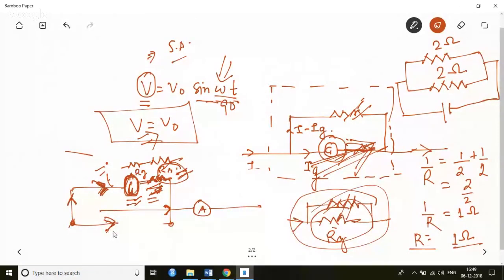If there is a change in circuit current, suppose 5 ampere current goes, let me remove it for you.